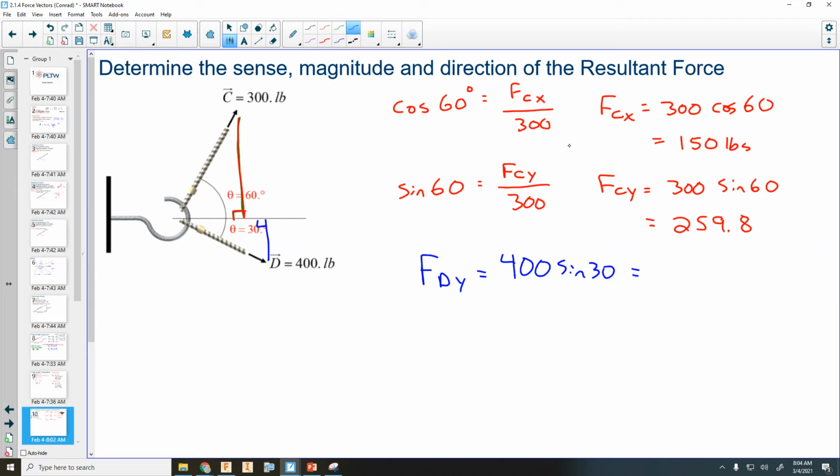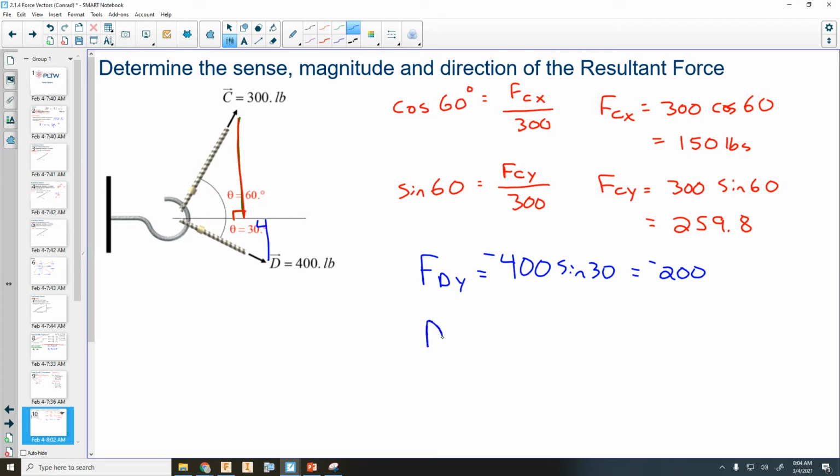So whether you want to use the ratios or use the shortcut, when we get into truss calculations, you're going to want to use the shortcut to get the x, y components. So 400 sine of 30 is what, 200? And it would be negative. Okay, awesome. It's got to be negative because we know it's going down in the y direction.